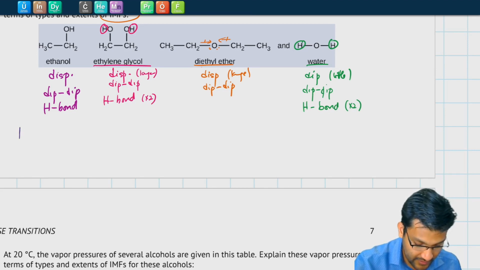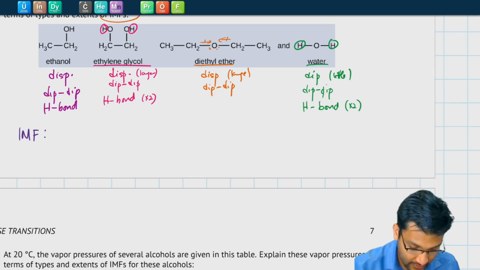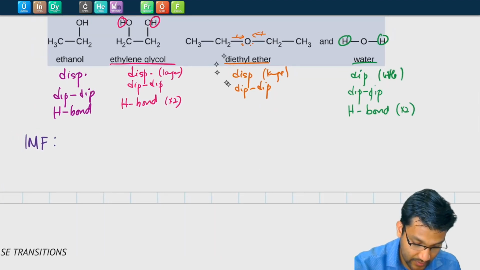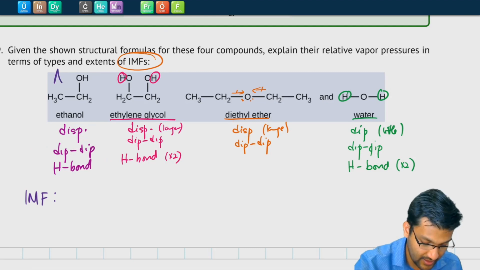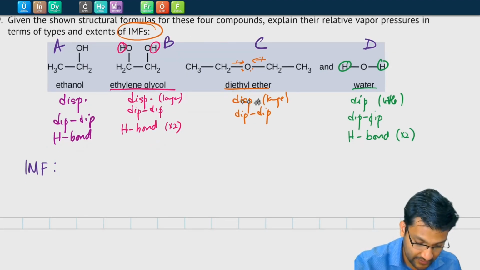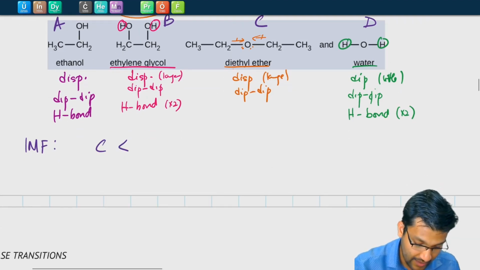For the intermolecular forces strength, right, the weakest here would be diethyl ether. You know what, to make this faster, I'll just label these A, B, C, and D. So for intermolecular forces, C here will be the weakest. Then what do we have?